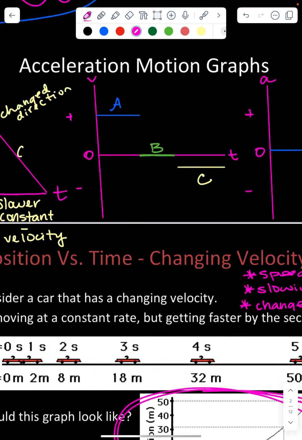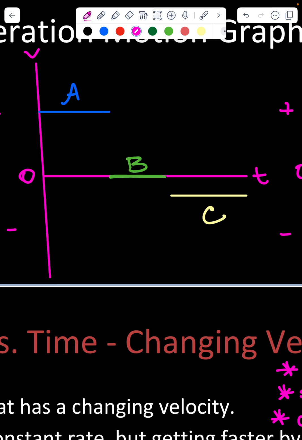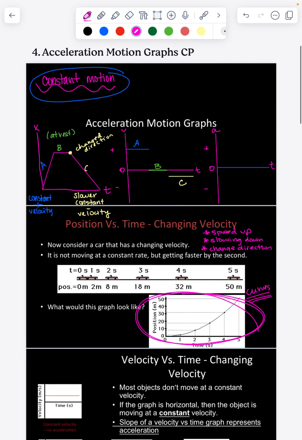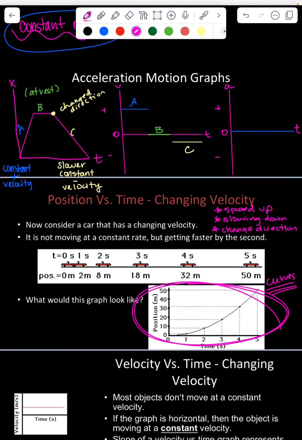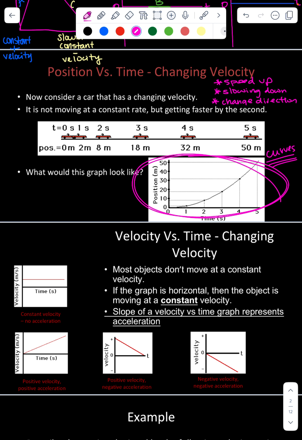So graphs like this one are not necessarily real life. We don't just go straight from a constant velocity, straight to 0, straight to another constant velocity. Most of the time, or all the time, we do have to speed up or slow down. So that's what we're going to be looking at.